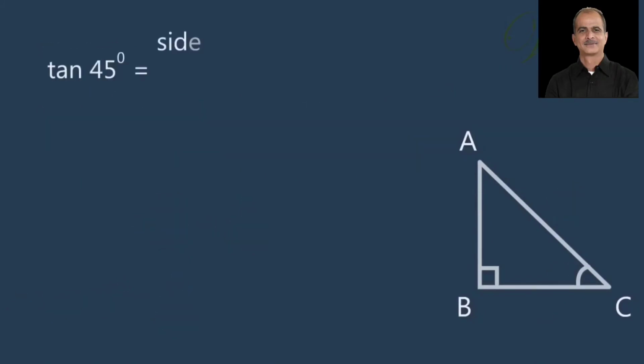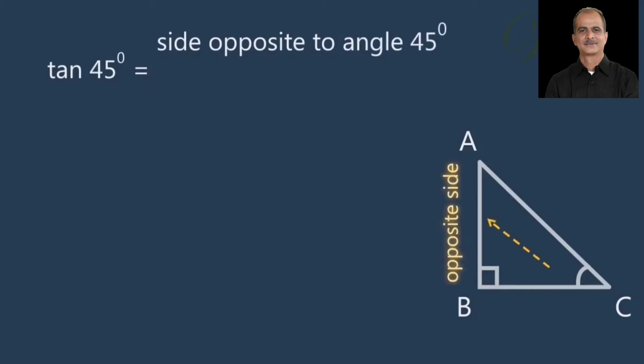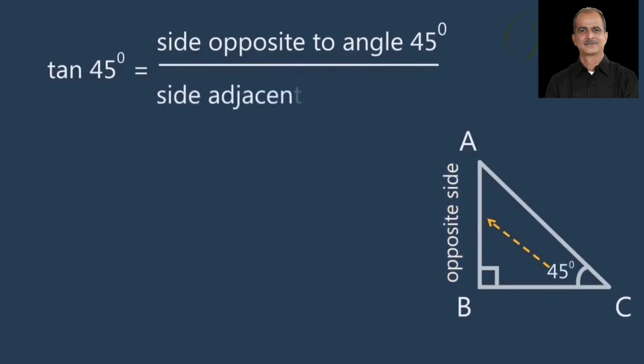Now we can also find the value of tan 45. Tan 45 is equal to the side opposite to angle 45 upon the side adjacent to 45. As you know, tan theta is equal to opposite upon adjacent.